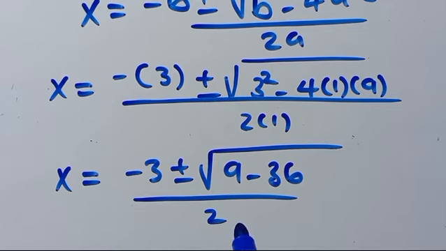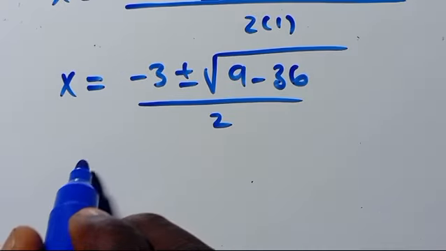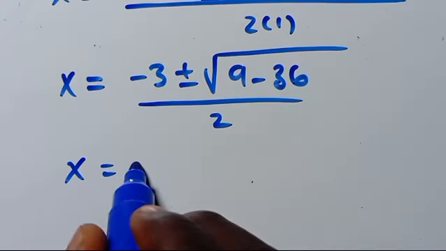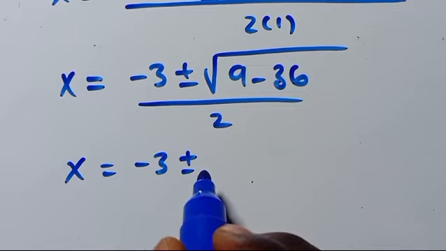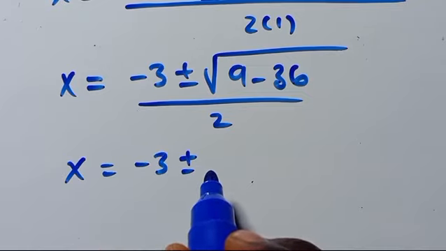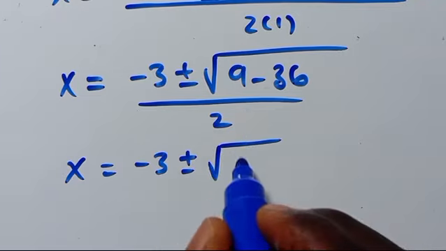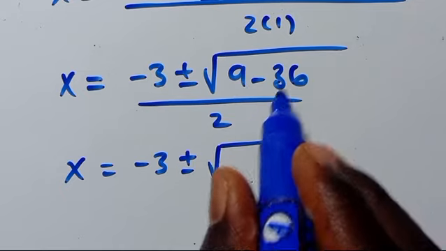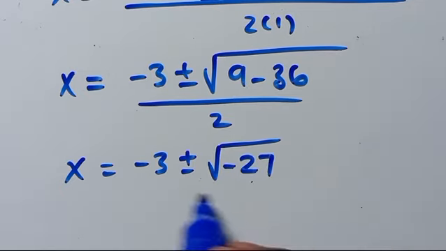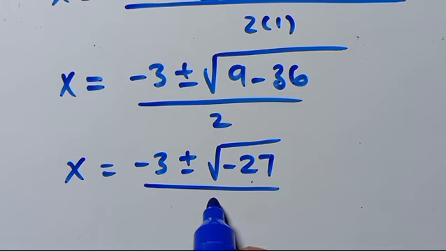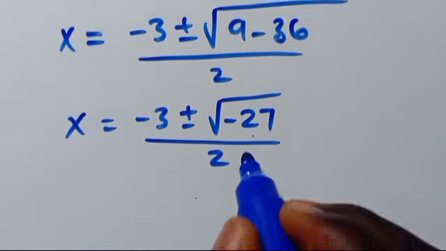So we have x equals minus 3 positive or negative square root of 9 minus 36, which is minus 27, over 2.